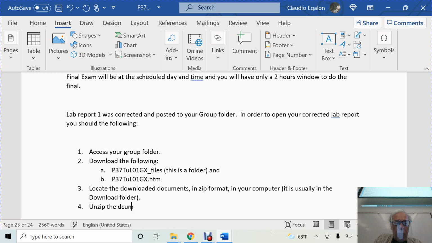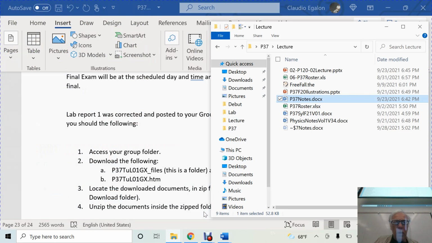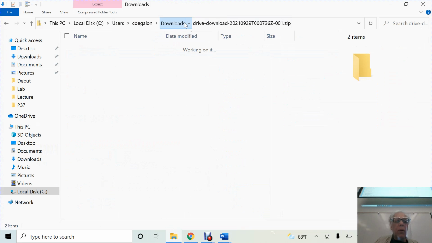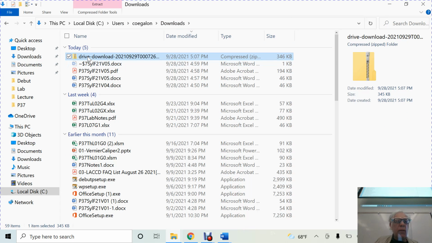So now we are going to unzip the documents inside the zip folder. How do you do that? It's not that hard. All you have to do, not this one here, is, here you go. That's the folder, right?